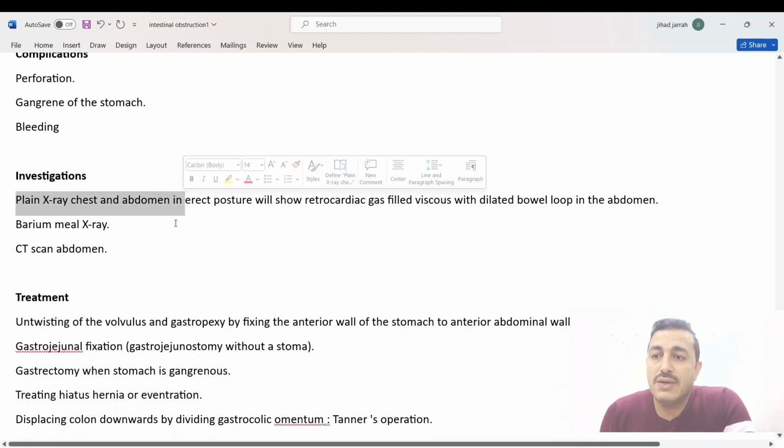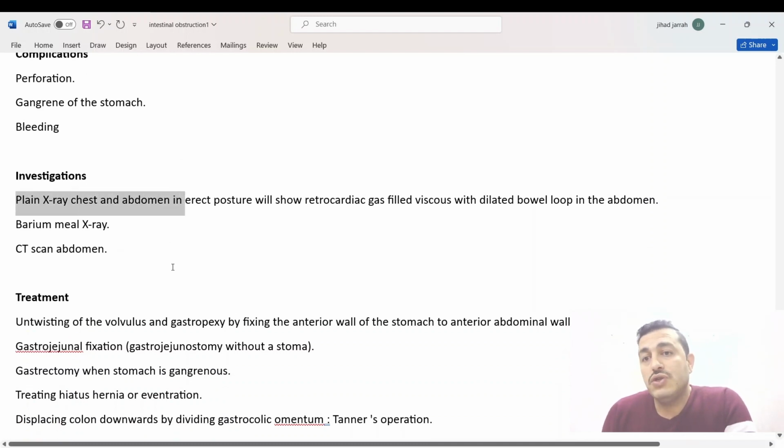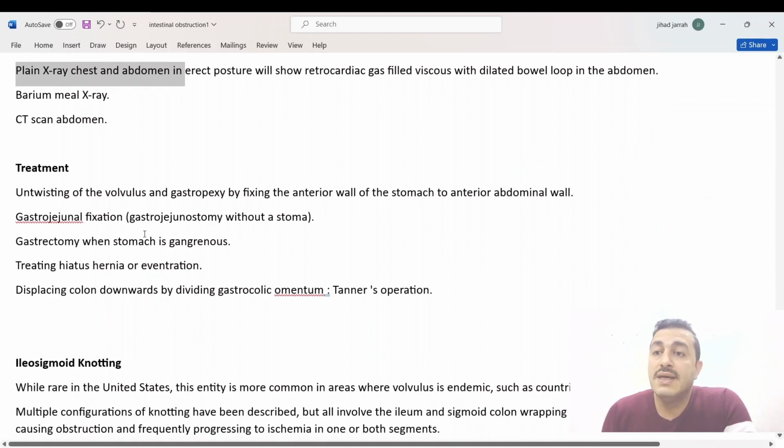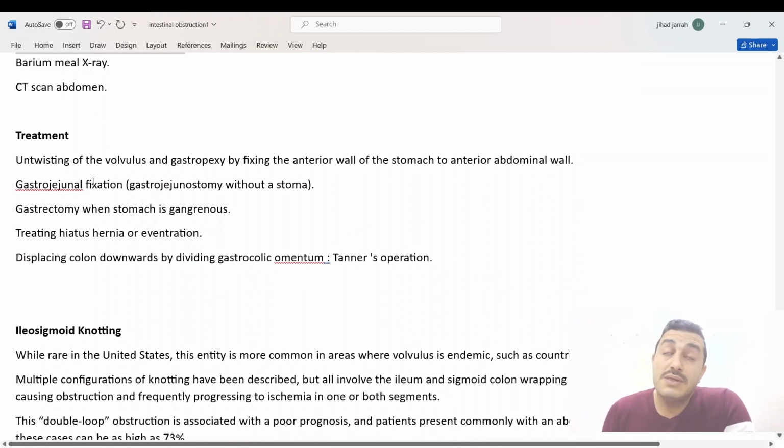Investigations: it's better to start with an X-ray, put the NG tube in, and see whether the NG tube passes the pylorus and reaches the stomach or not. Barium meal and CT scan can be helpful. Treatment depends on whether there is ischemia or gangrene of the stomach.